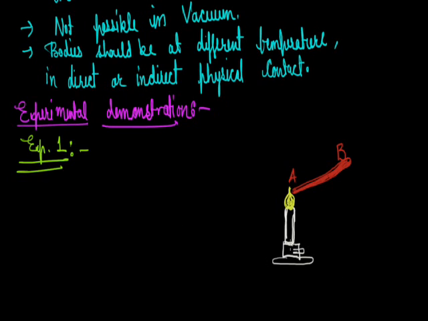In the beginning, the end B of the rod in the hand is not felt hot, but very soon you will find that this end B becomes hot and you are not able to hold the rod any longer. It means that some heat has transferred by conduction through the rod from heated end to cold end.